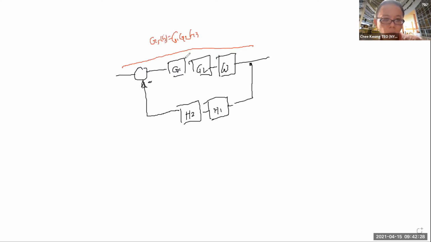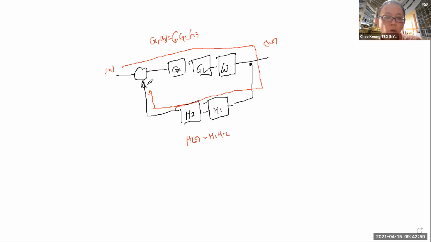So any block lying from the input to the output, we call it the forward gain. It is the gain experienced moving forward, and then also the gain experienced moving backward, to where the summing point is. Moving backward, you have H of S, which is equal to H1 times H2. So that's what it experienced.